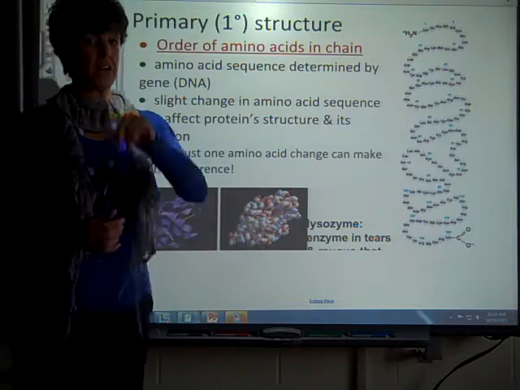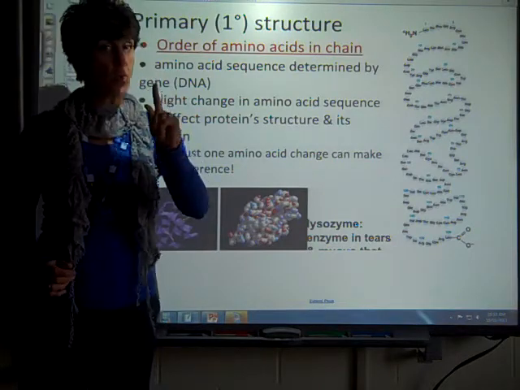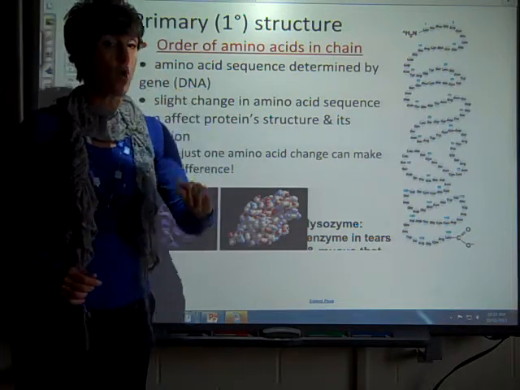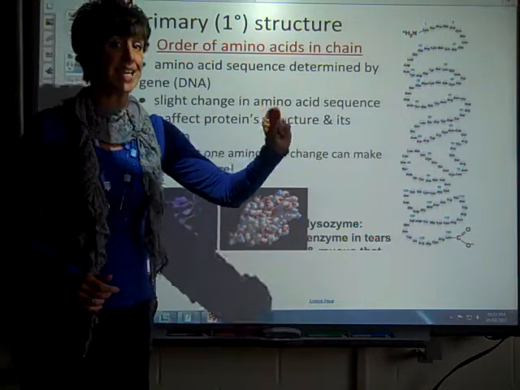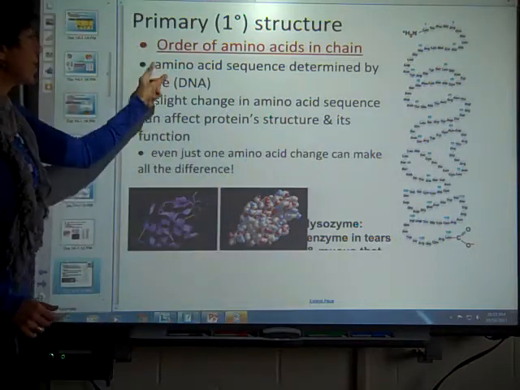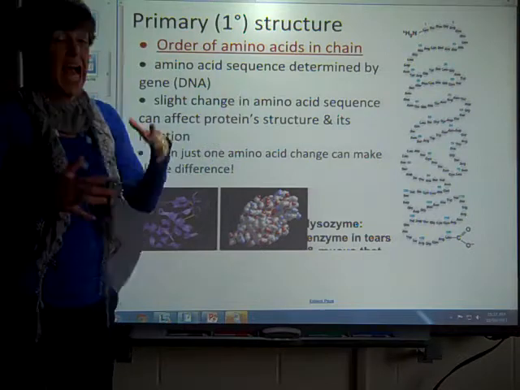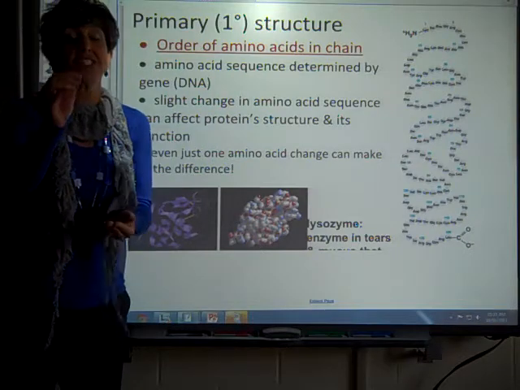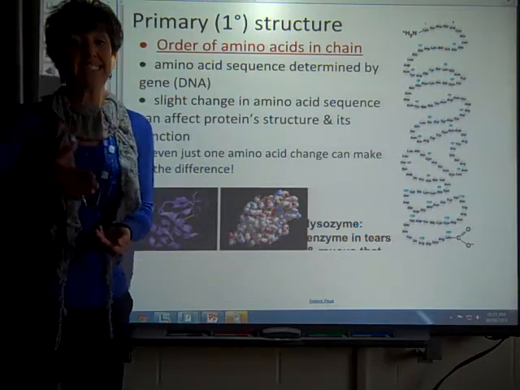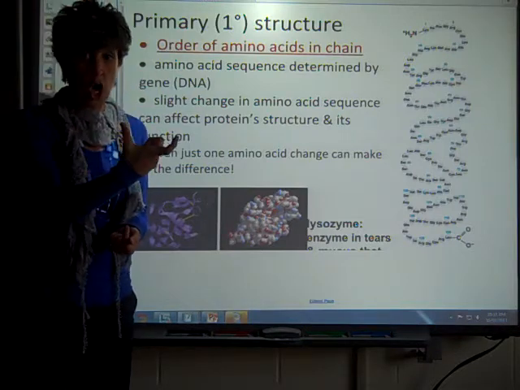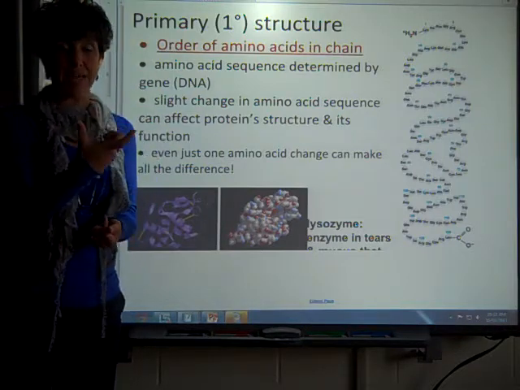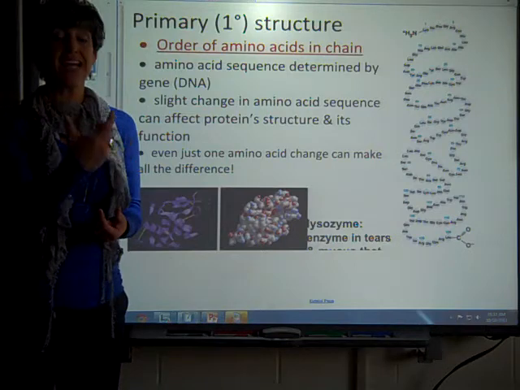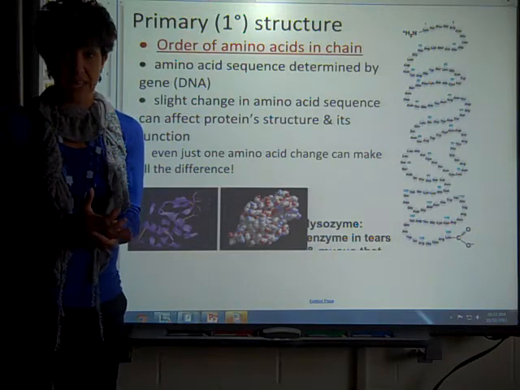The primary structure, the first level of structure that you always need to look at, is what is the order of the amino acids in the polypeptide. So what is the amino acid sequence? How do we get an amino acid sequence? Your DNA. A's, T's, C's, and G's come together as codons, 3 at a time, in messenger RNA to code for a specific amino acid.